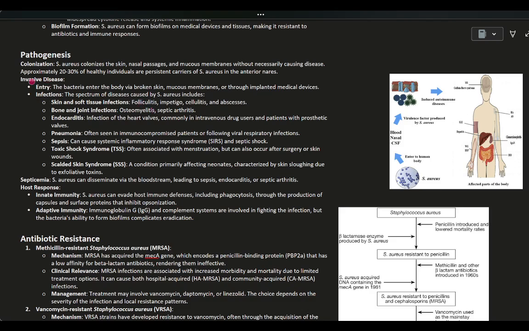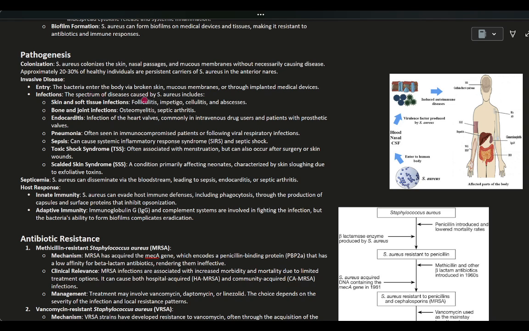The bacteria can become invasive through the following methods. First, the bacteria will enter the body through broken skin, mucous membranes, or even through implanted medical devices. And then we have infection.